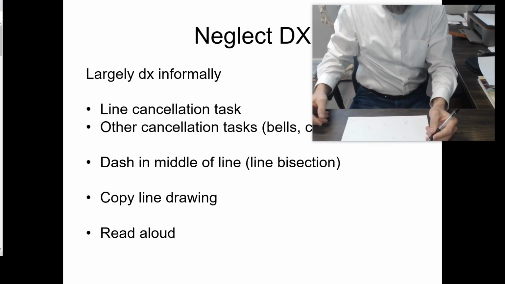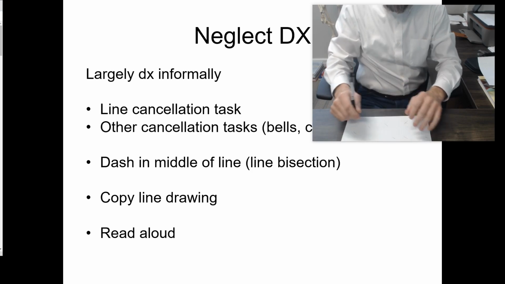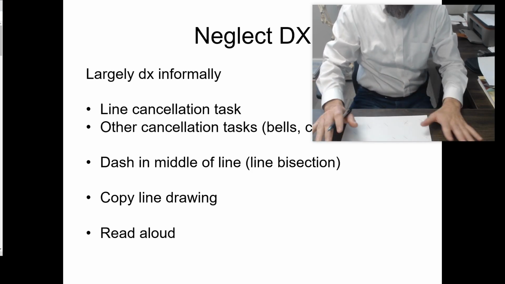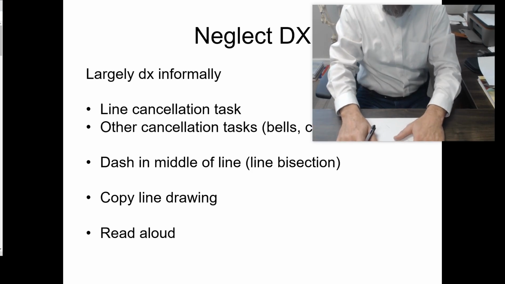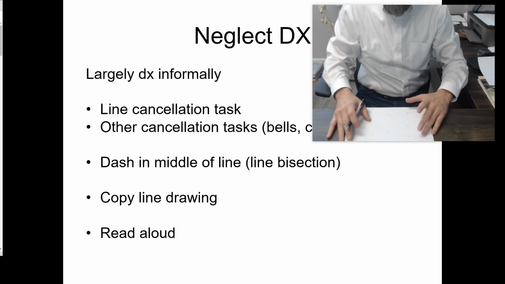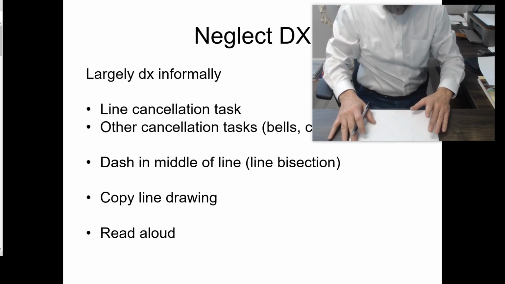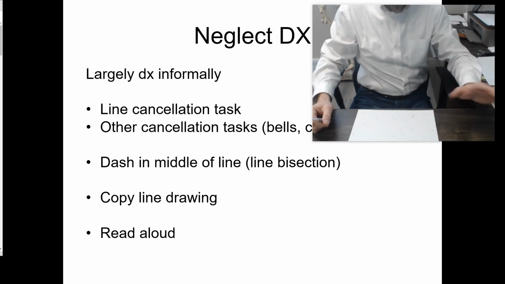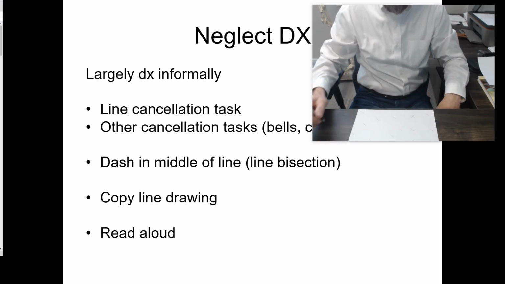If I have left neglect, now when you give them the sheet of paper, any sheet of paper or any task you want them to work on, so we'll say if I have left neglect, so this is my left side, so this is my intact side.